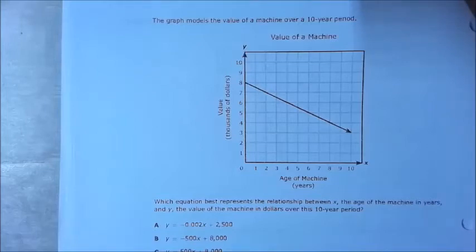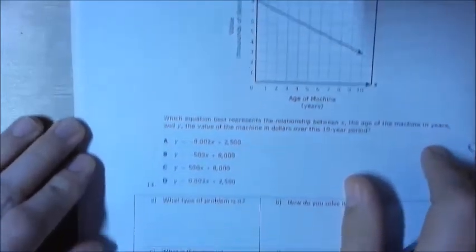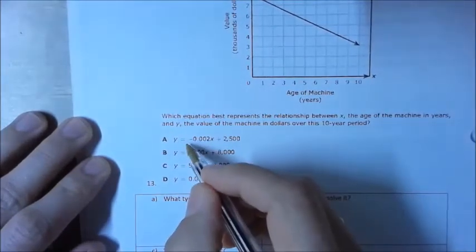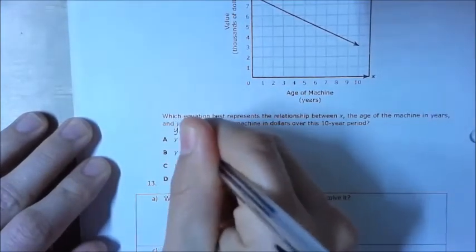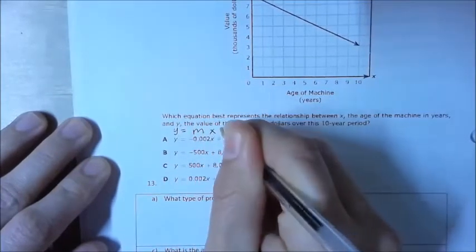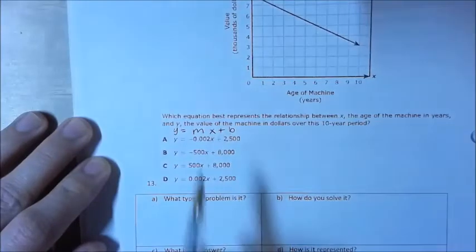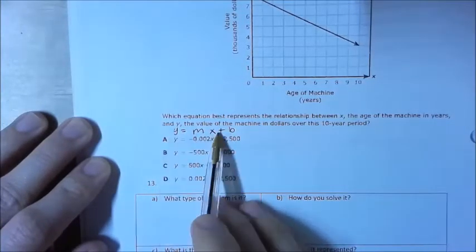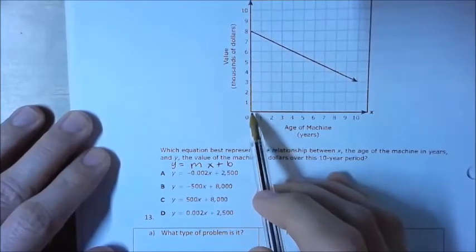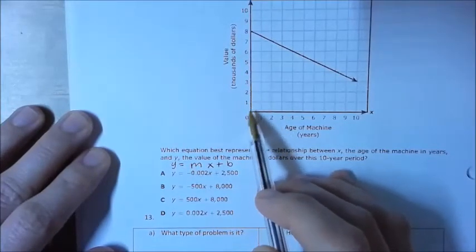Now, before we do anything else, I want you to take a look at our answer choices, because that's what I like to do first. Notice our answer choices are written in the form of y = mx + b. Now that you know this, we see this equation and go, oh yeah, it's non-proportional, and we can look at this graph and agree that it is not proportional because it doesn't go through the origin.